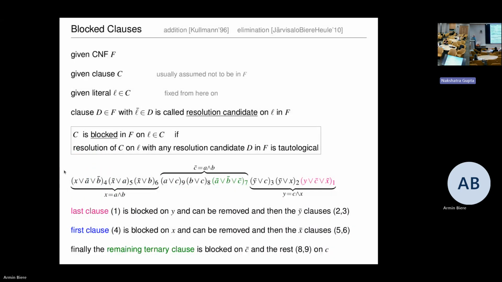This is simply X is equal to A and B. Then you can do the same here on the right with Y is equal to Z and X. And here is not C is equal to A and B, so this is actually a NAND, if you think about it: C is the NAND of A and B. Now, is this SAT? Well, yeah, you can think, it has a kind of cyclic flavor.